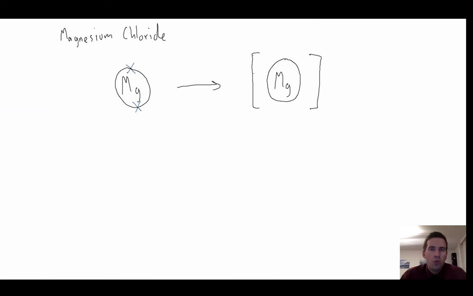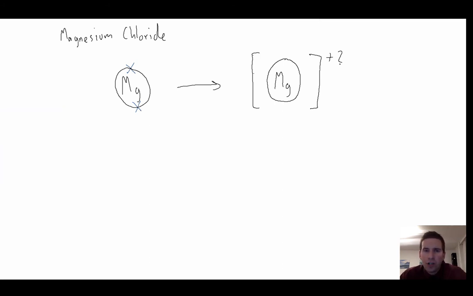Now, because it loses 2 electrons, it's losing lots of negativity. The magnesium ion has 2 more protons than electrons. It will have 12 protons, but only 10 electrons. Therefore, the charge on the ion is +2.